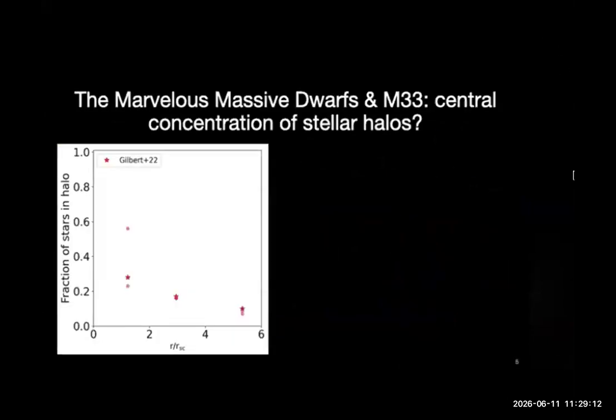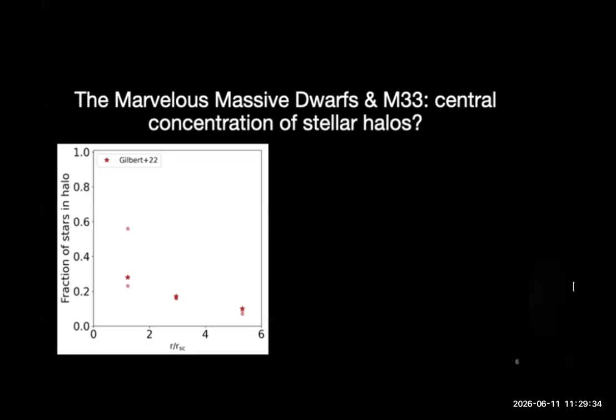So I'm going to start with the first weird feature that we see with M33, which is that it has this very centrally concentrated stellar halo. So what I'm showing here on the x-axis is the galactocentric radius normalized by the scale radius of the galaxy. And if you're not used to thinking in scale radii, you can just think of this as normalized radius.